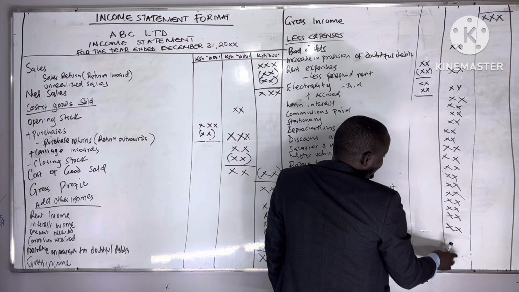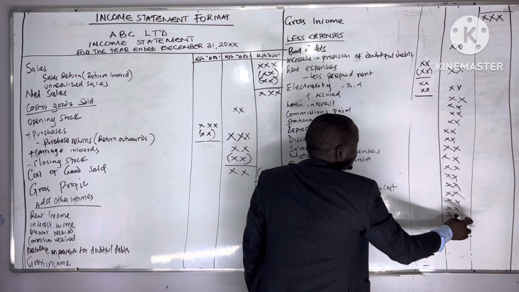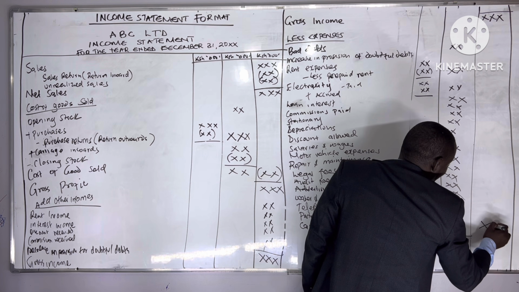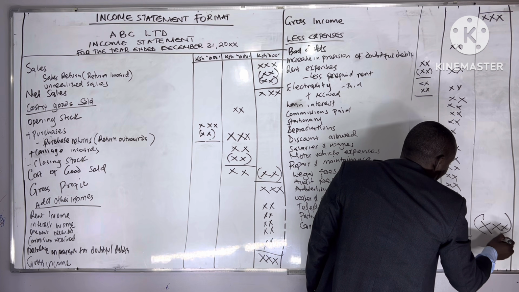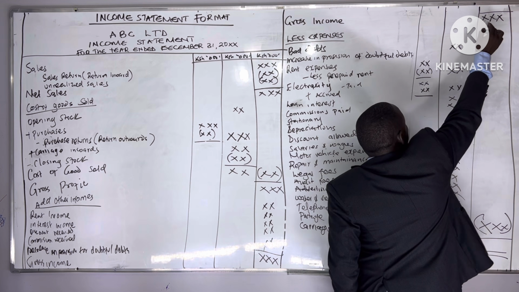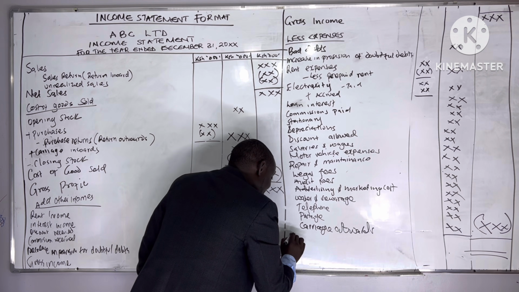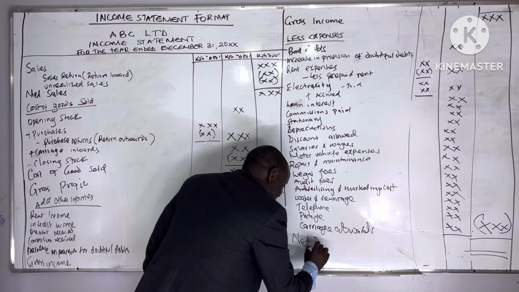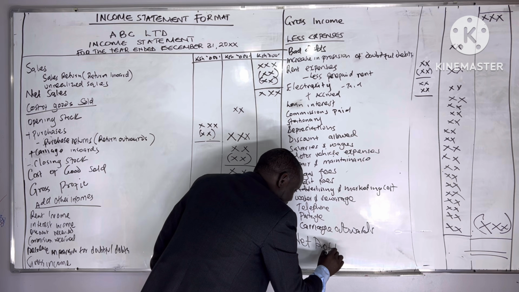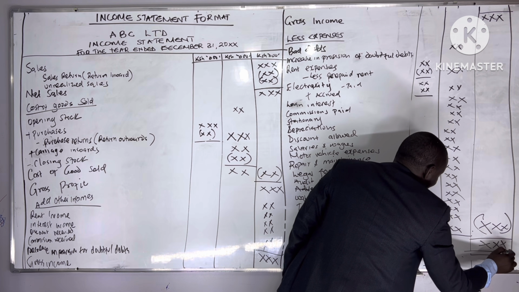So when you are done listing expenses, you take the total of all this, you post here. The total of all that you post there. When you get the total, you take this gross income minus the total expenses. It will give you net profit, or what we call net loss.